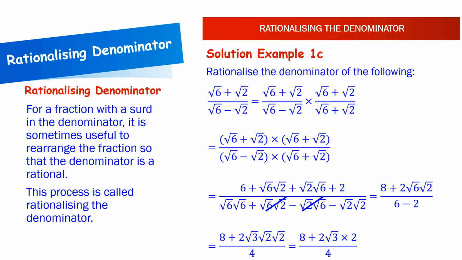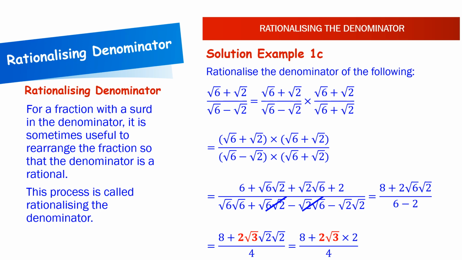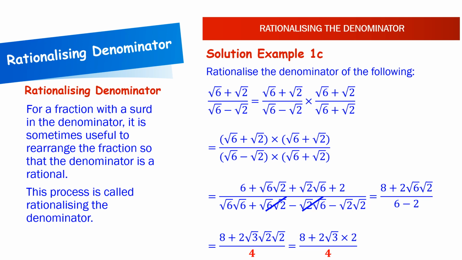So now let's tidy up the numerator. We have 8 plus 2 root 3 times 2, all divided by 4.